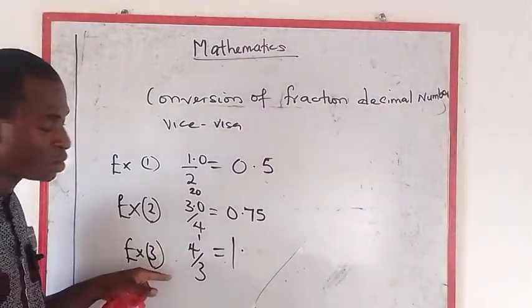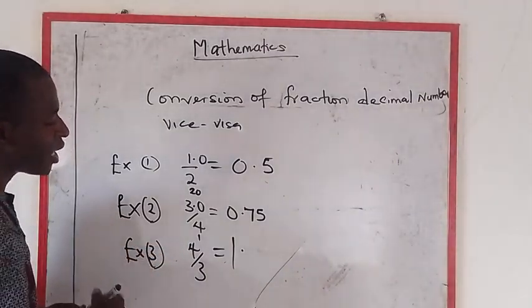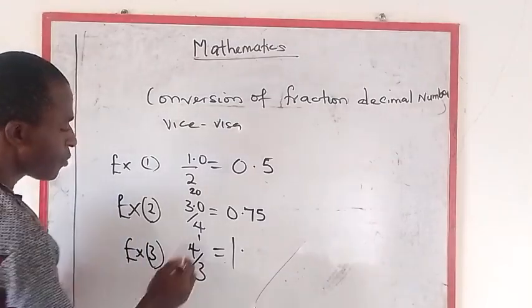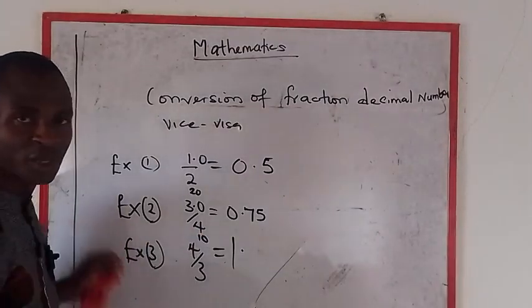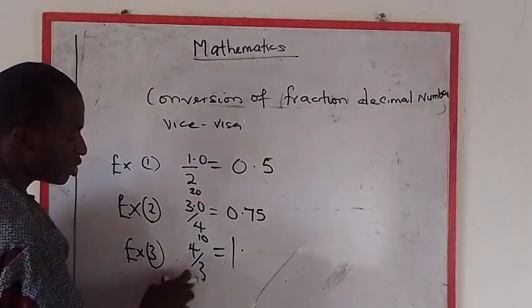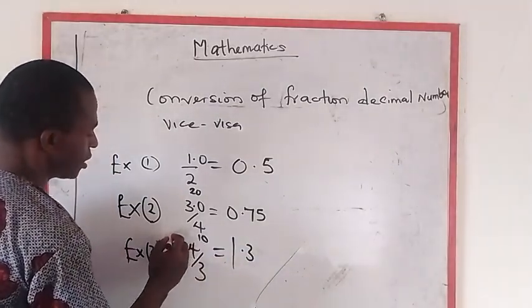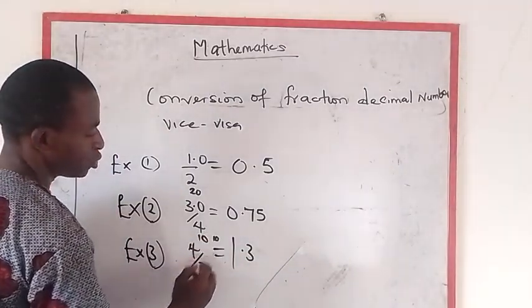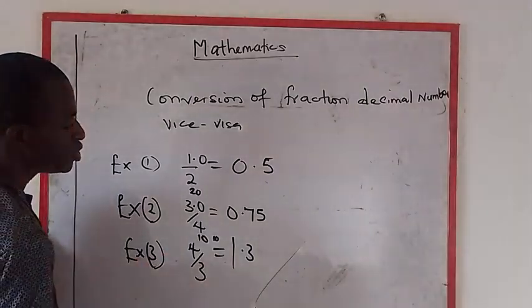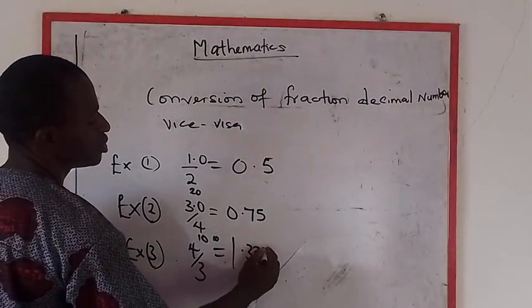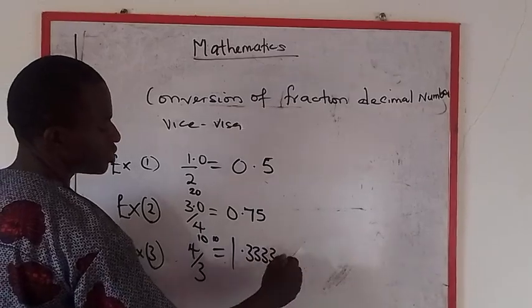That remainder is 1, you add 0 to that remainder. So 3 into 10 will give us 3, remainder 1, add 0 to the remainder again. If you notice, we are going to be adding 3, 3, 3 to infinity.